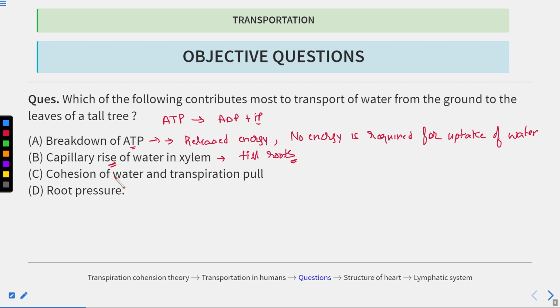Next is the cohesion of water and the transpirational pull. Now, cohesion of water and transpirational pull, we have already studied. We'll discuss this. Next is the root pressure. Now, what is root pressure? Root pressure is the pressure developed in the roots when water enters the root.